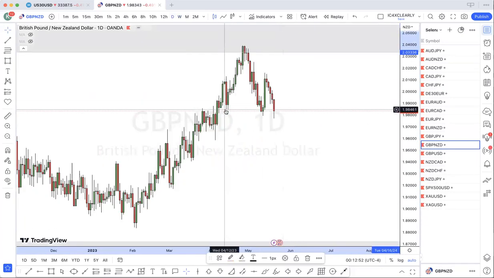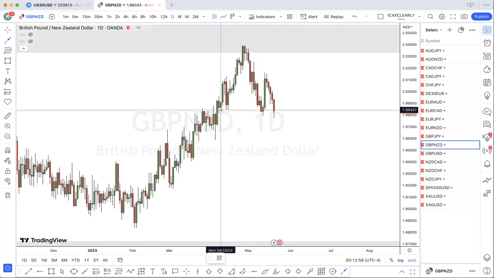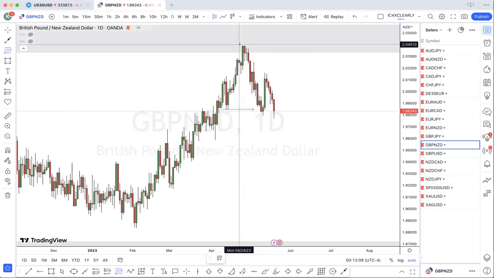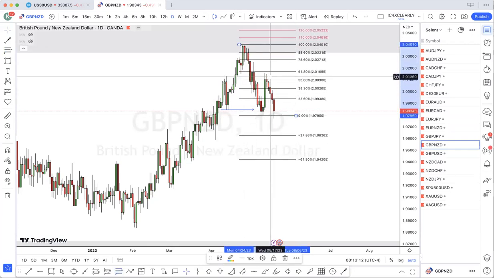So on the daily, there was a break of structure. There was the pullback. So if we fib it, it pulled back to this 50%, 618.